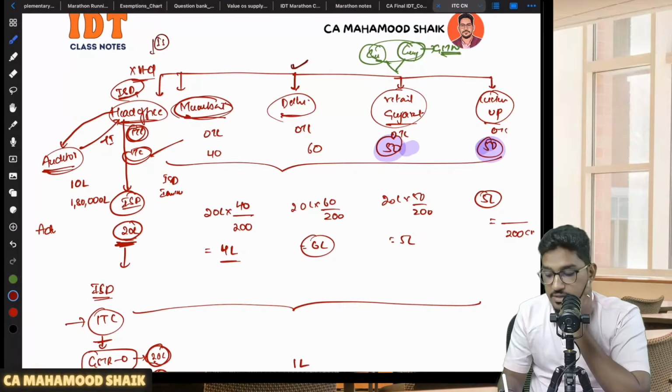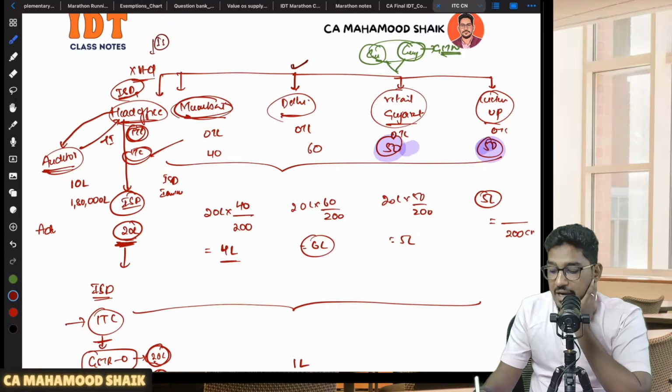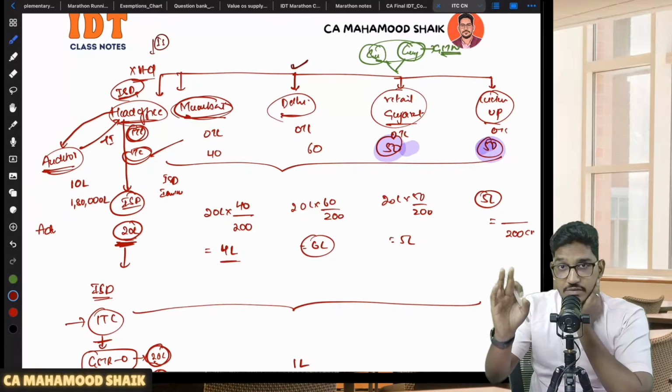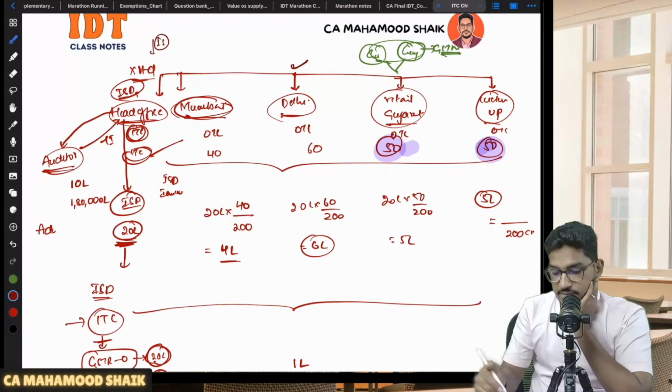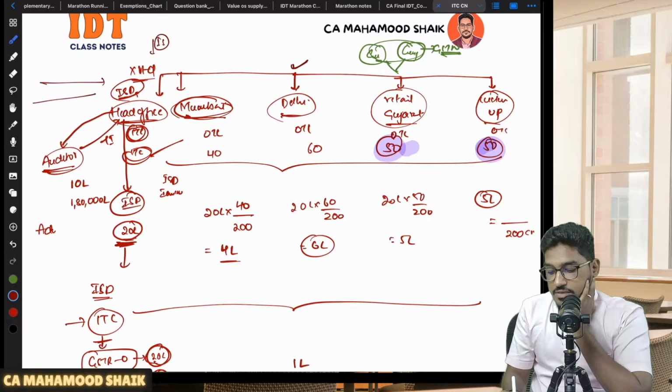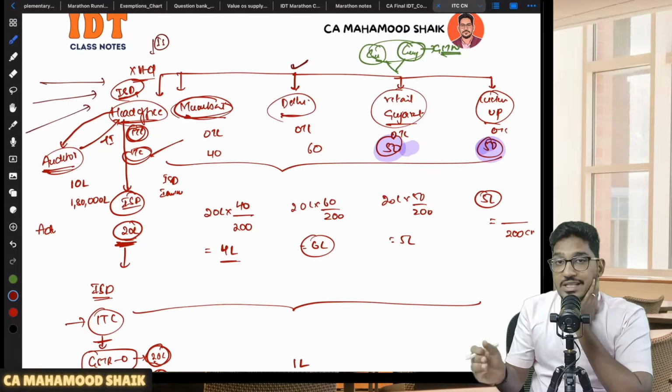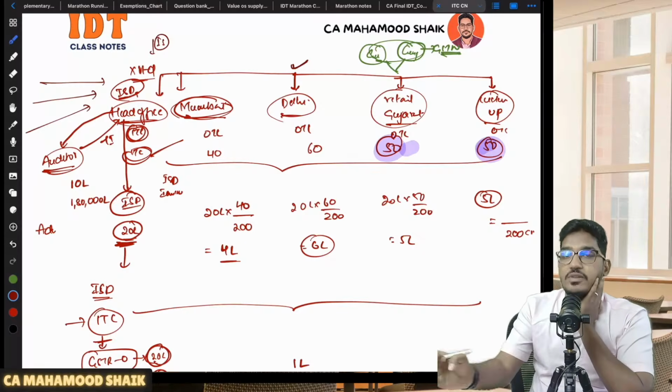ISD is a concept only for input services. Whatever input services are received by the head office, only that ITC on the input services will be distributed.